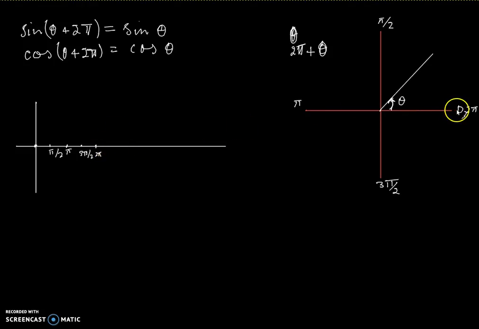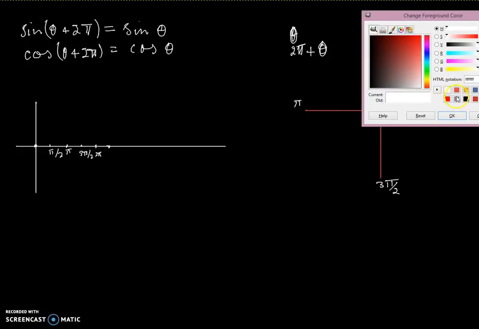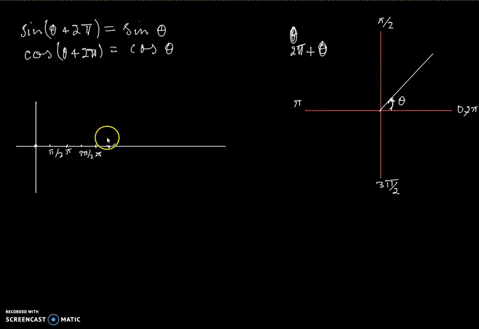And again, after 2 pi you have pi by 2 again. Let me do this in another color. So this is again pi by 2, this is pi, this is 3 pi by 2, and this is again 2 pi. And this keeps on going forever.